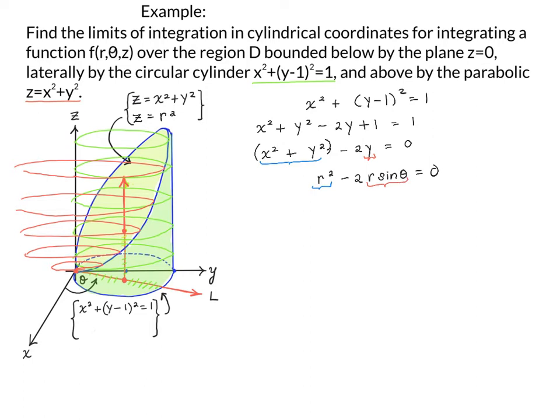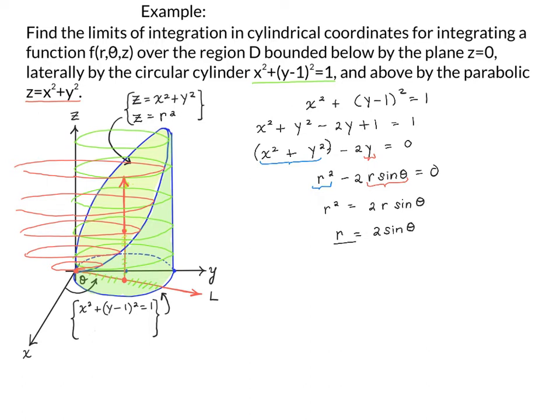What we want to do is solve for r, which is what you generally do. I'm going to say that r squared is equal to 2r sine theta. And if I divide both sides by r, I have r is equal to 2 sine theta.